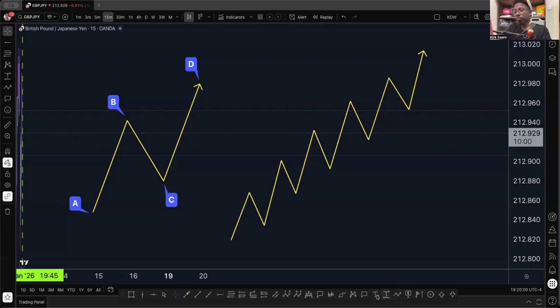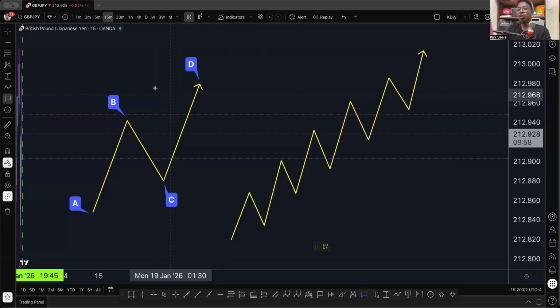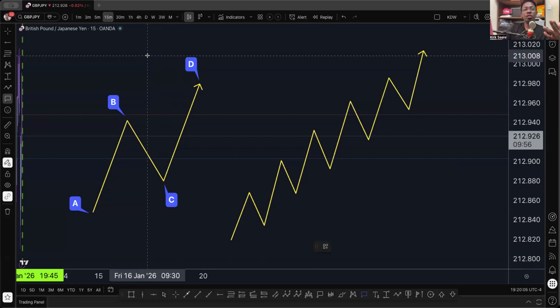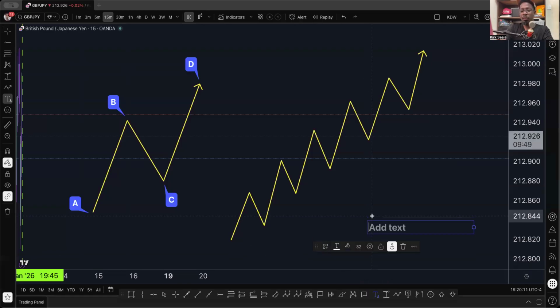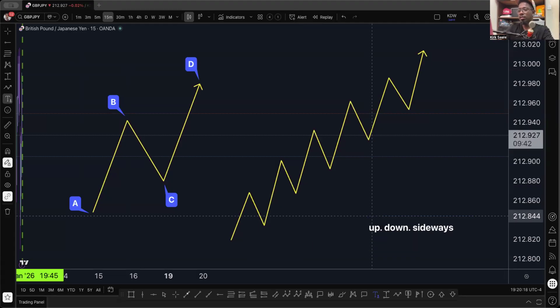And when we're talking about trading, price only moves in these three directions. It's going to go up, it's going to go down, and it's going to go sideways. Up, down, sideways.